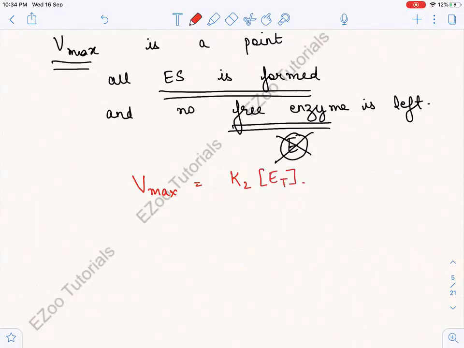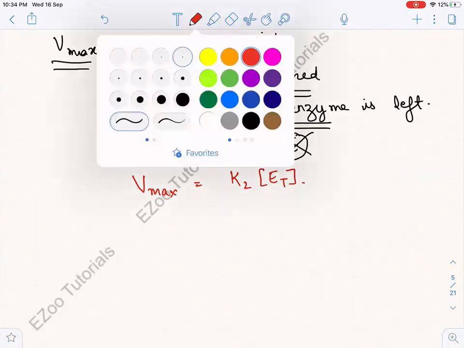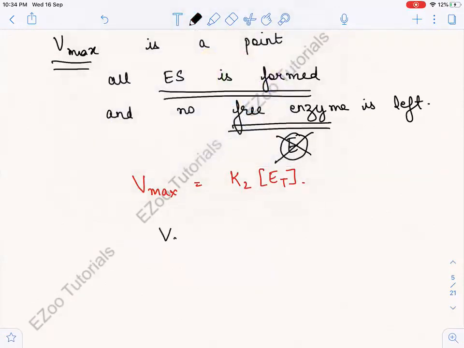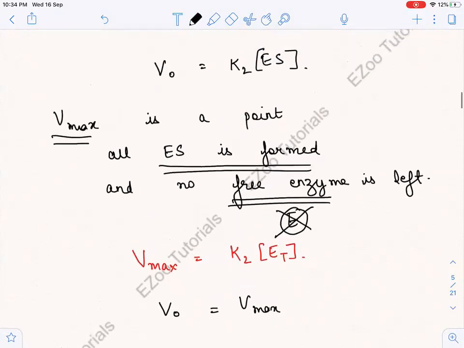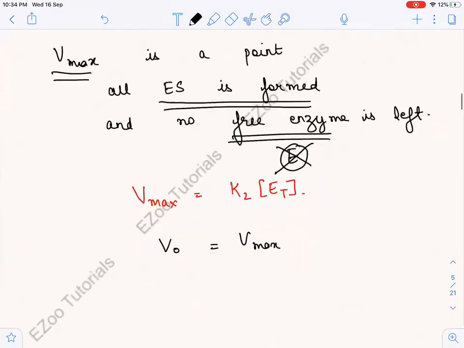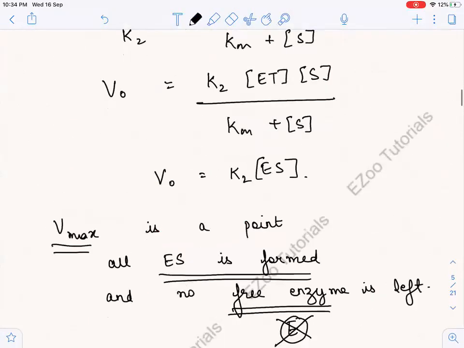Now Vmax is equal to K2 ET, okay, and V naught is equal to Vmax substrate upon Km plus S. Did you understand this? Look at this formula carefully.